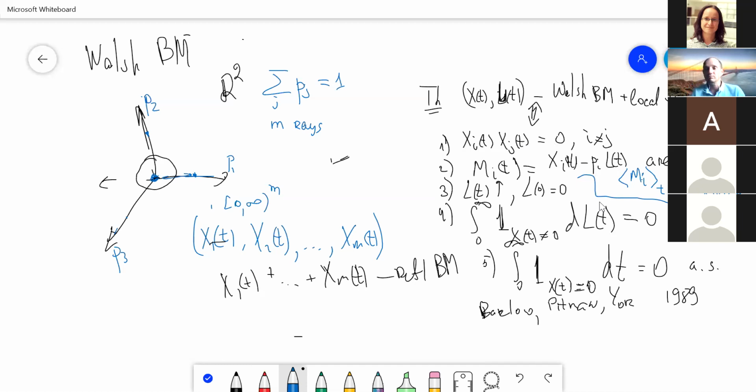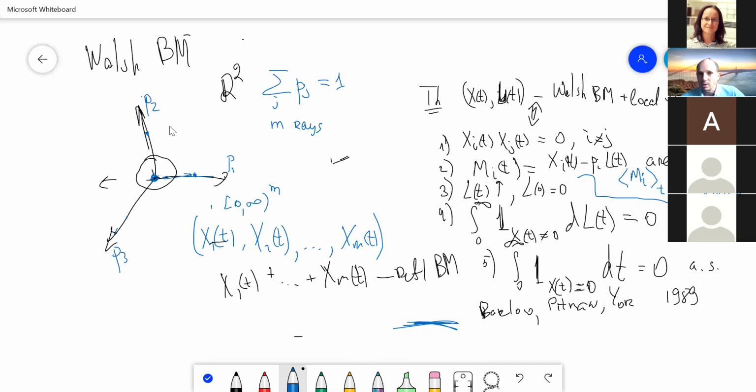Yeah, I see. And now let me remind you that this index is like a label. Actually, let me remind you of the definition of Walsh Brownian motion. Do you remember the construction with probabilities?